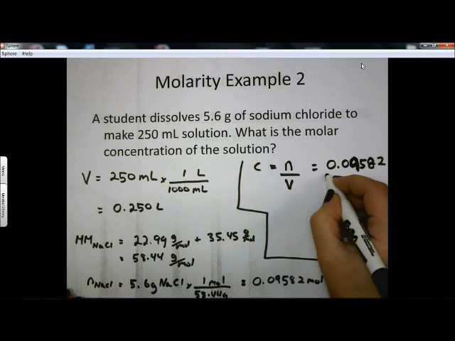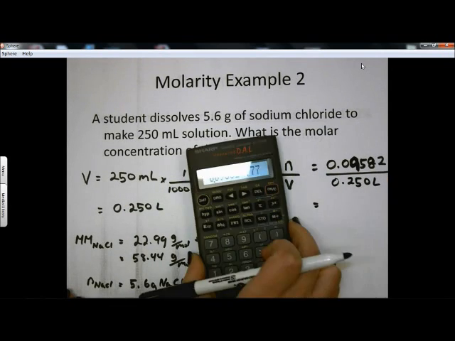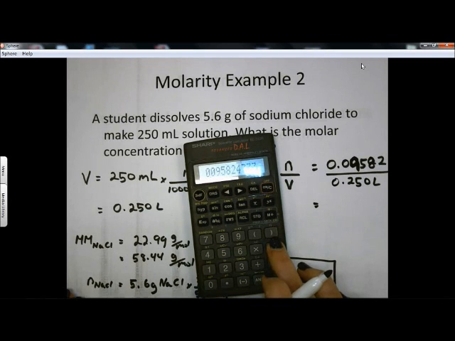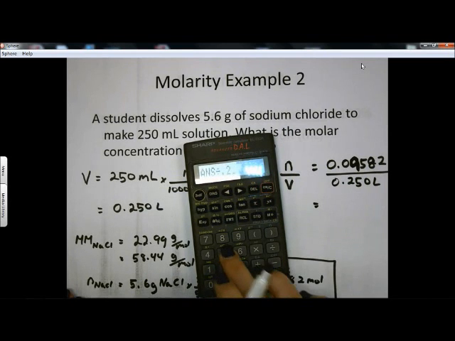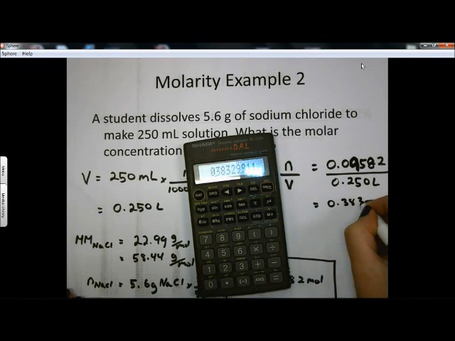And I'm going to divide that by my volume, 0.250 liters. Since I still have this number on the calculator, all I need to do is hit divided by 0.25, 0.3832991 mole per liter.